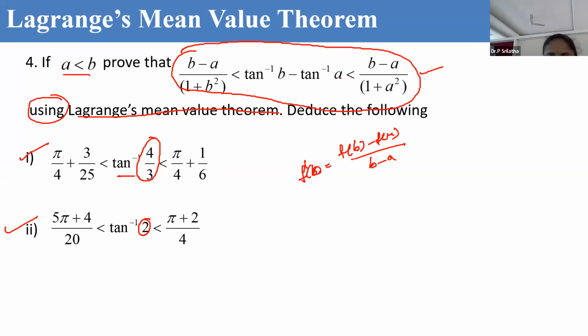So f dash of c equals f of b minus f of a divided by b minus a. So this is our formula, isn't it?